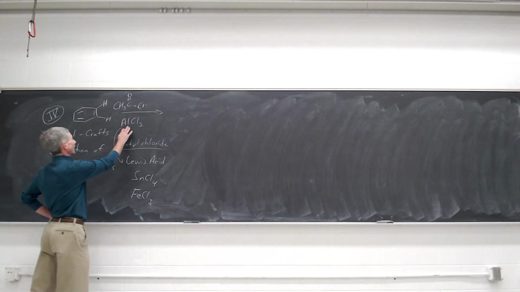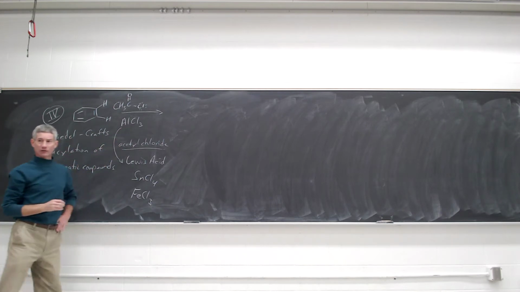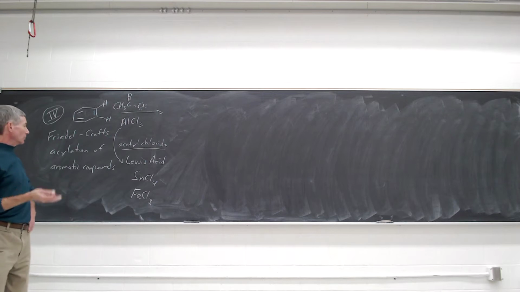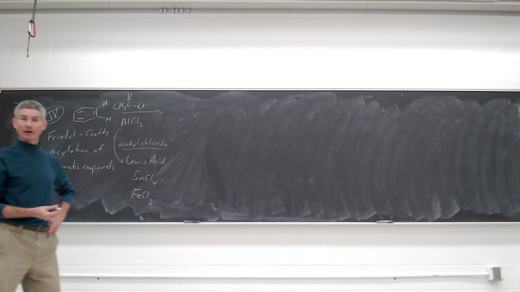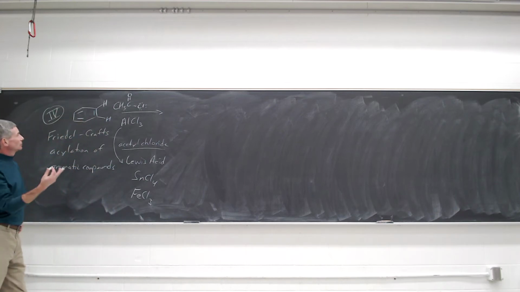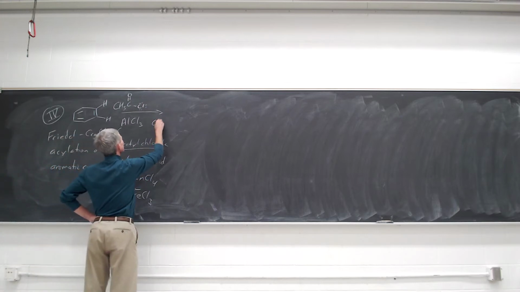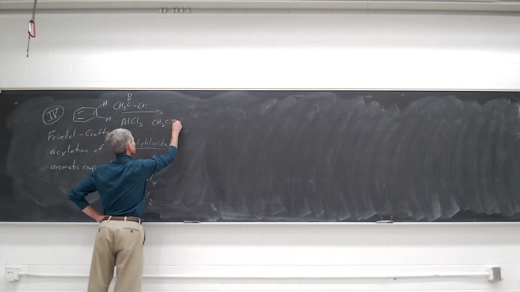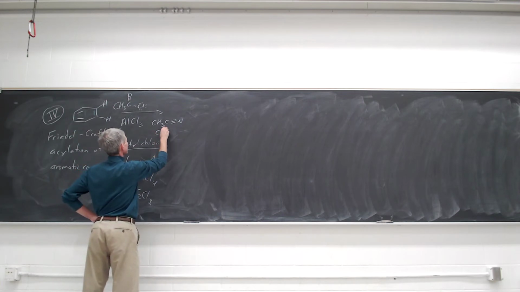And this is going to activate the carbonyl group. It's not catalytic. You need a full equivalent of the aluminum chloride, because we'll see that the aluminum chloride actually ends up bound to the carbonyl oxygen in the product. The solvent for this is often some polar solvent like acetonitrile or nitromethane.